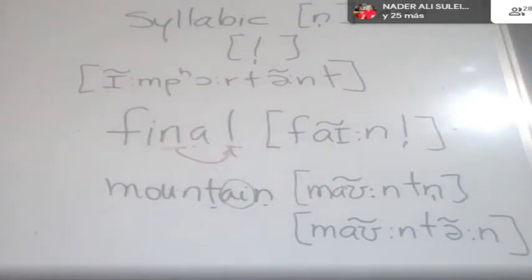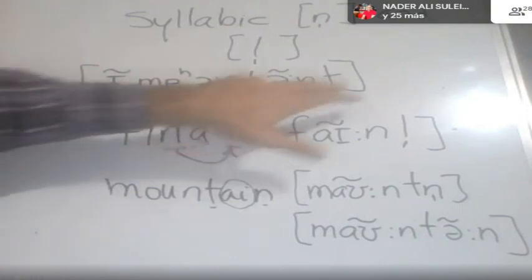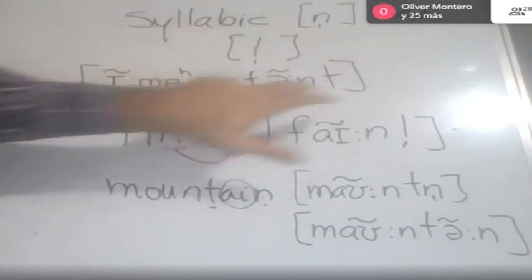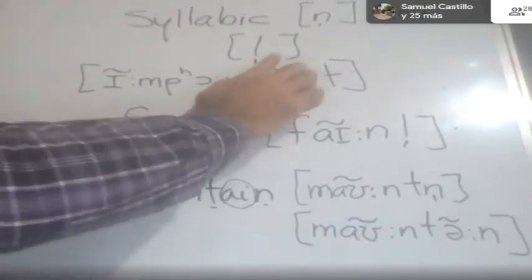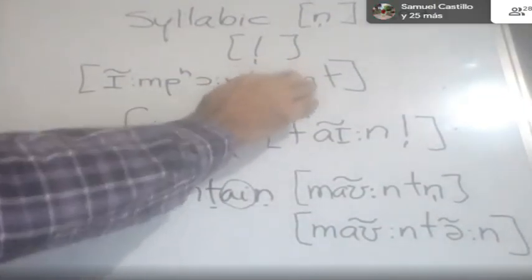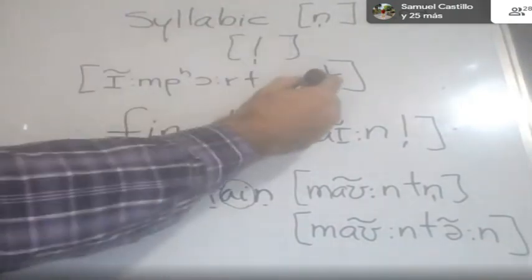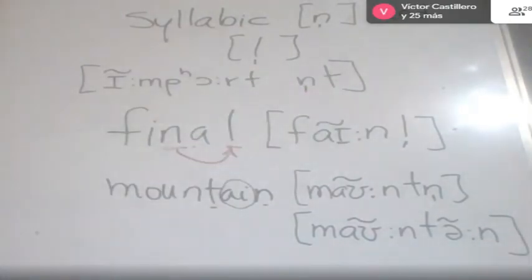A lot of people have problems pronouncing the last syllable of important, while you simply need to drop the vowel sound and make the N syllabic. That's it. Important, right? So the TN together. Important. So that way it's easier.